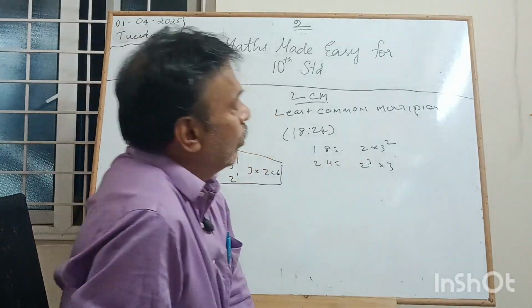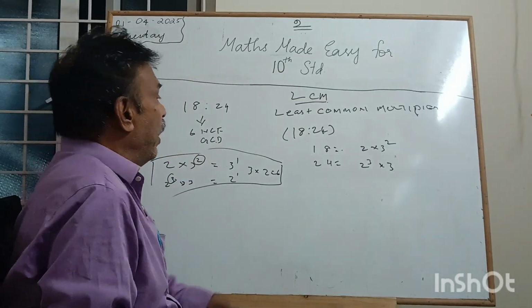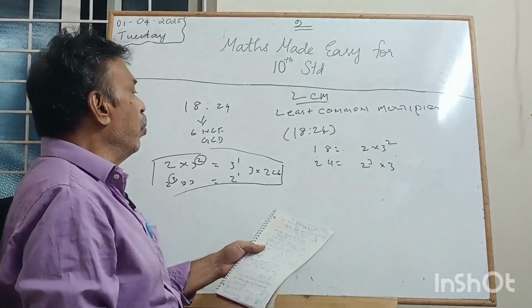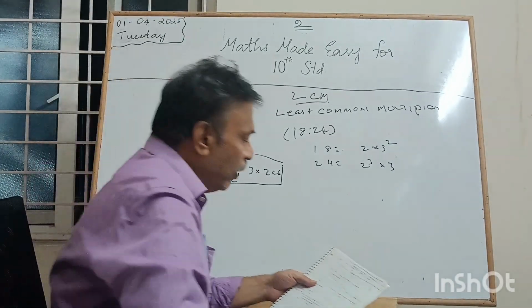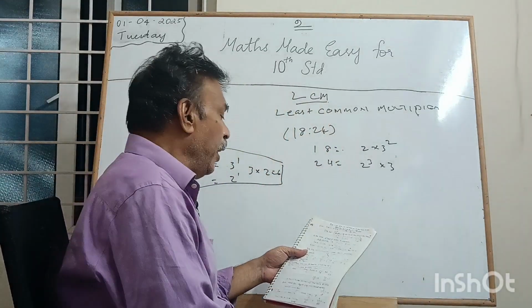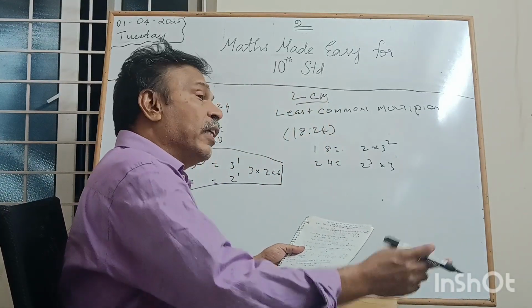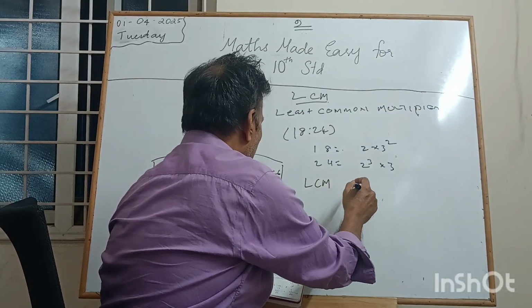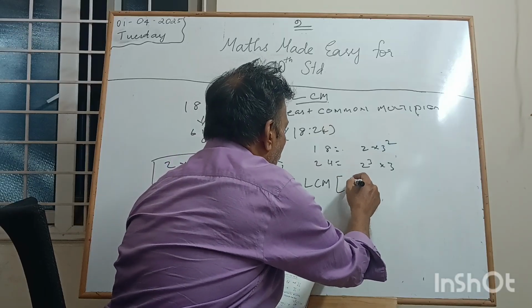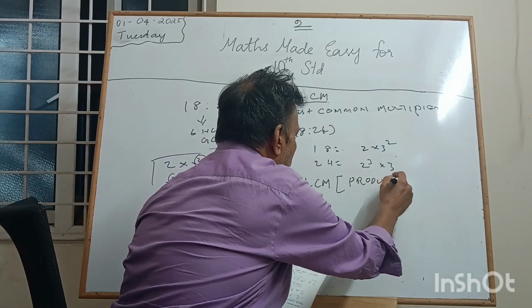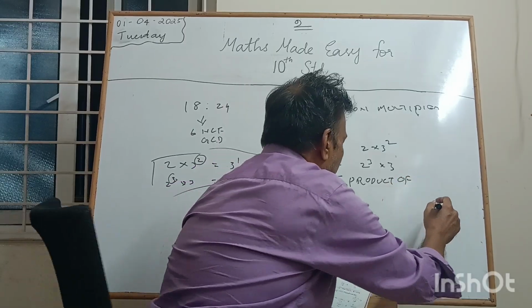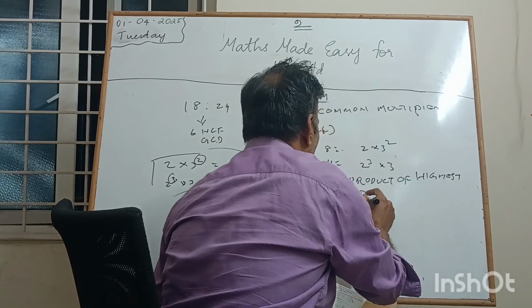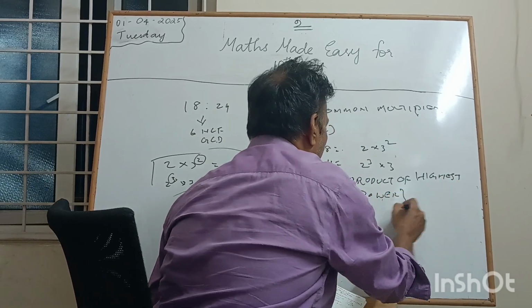Now, what is the least common multiplier of 18 and 24? What the book says and what the procedure says: LCM is the product of prime factors with highest power. Is it clear?